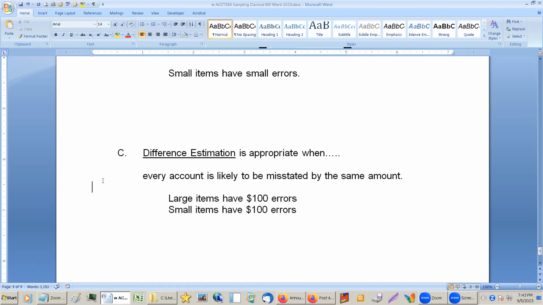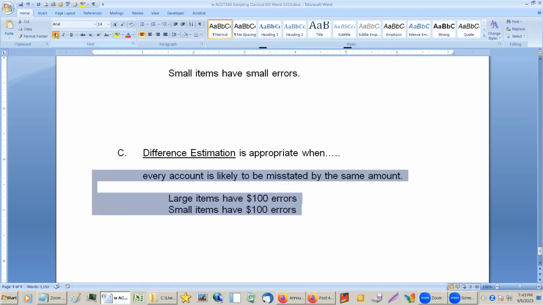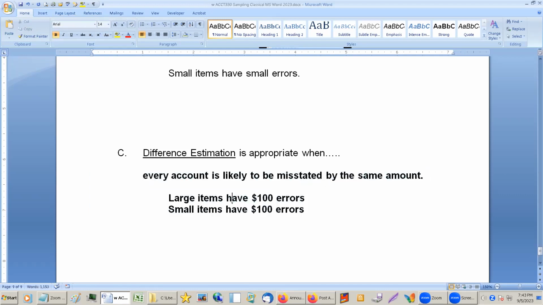Difference estimation is good when every account might be misstated by the same amount. While I never had any sampling that really had that, it is possible for things like shipping and handling charges. If it's common to have shipping or handling charges misstated by $20 or whatever, then if you do find an error, it's probably going to be for that amount. Like I say, I never had that, but it certainly could occur.